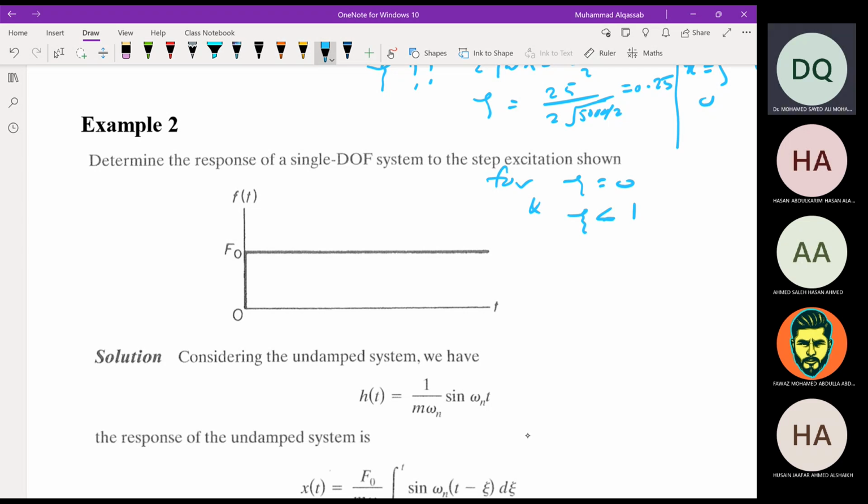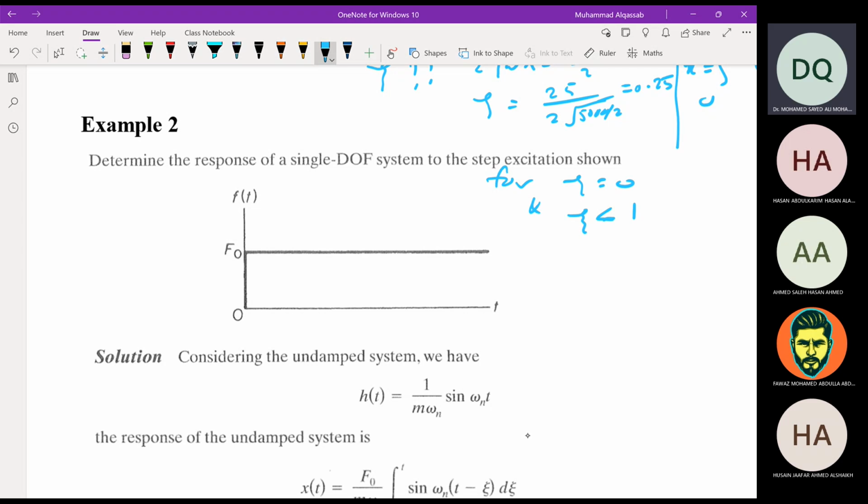So this will make it twice delta. So it will oscillate from here. The result indicates that the peak response to the step excitation, the maximum value of the magnitude F naught, is equal to twice the statical deflection, which is 2 times F naught over K.